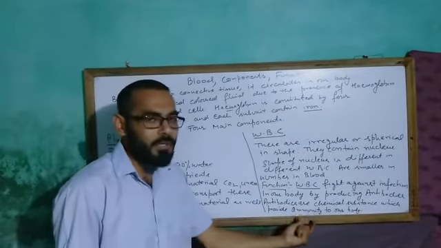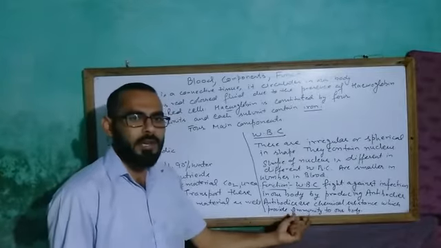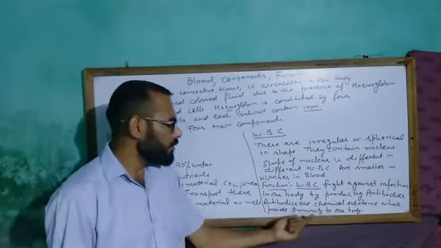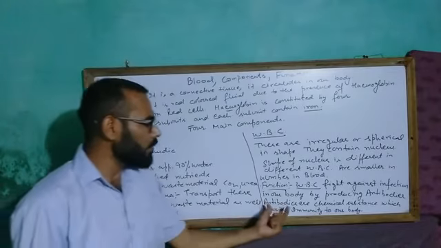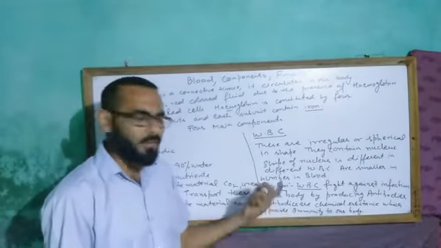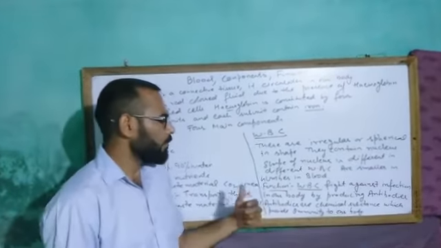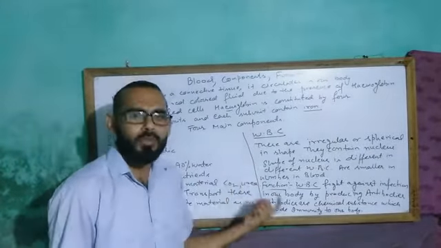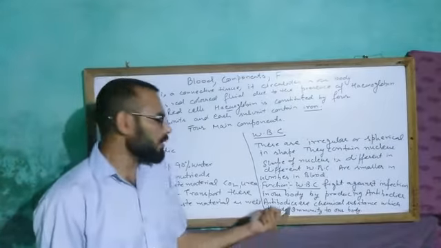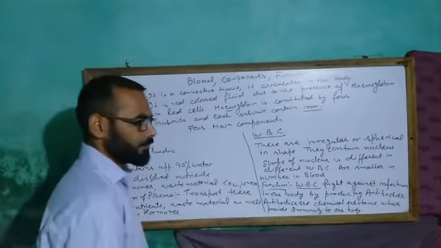Now, what is immunity? Immunity is the ability of our body to resist against any infection or any disease. Actually, antibodies fight against antigen. Antigen are those which are the sources of any infection in our body. These antigens are mainly the foreign materials. Okay.